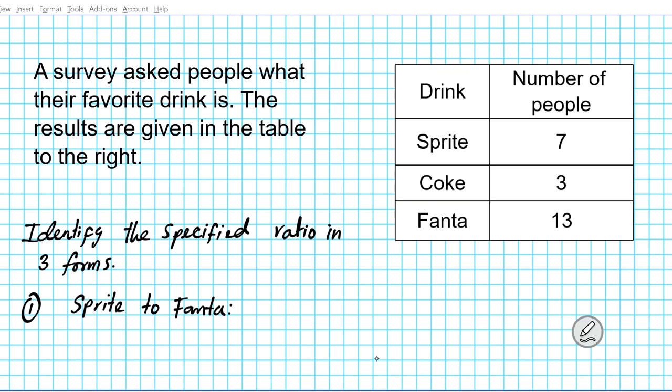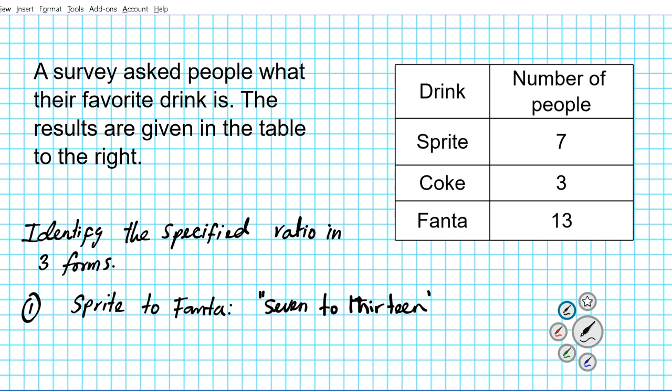So Sprite to Fanta, let's do word form first. For Sprite to Fanta, we're looking at 7 and 13. In word form, it's 7 to 13. All right, so that's it in word form.